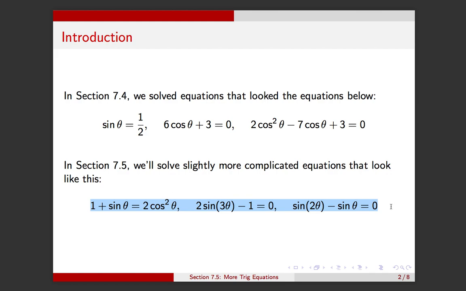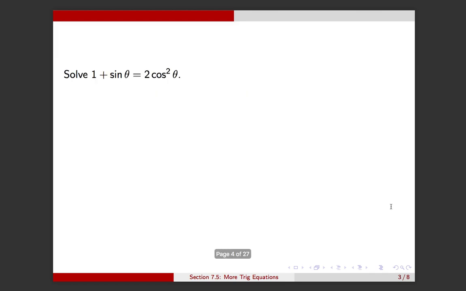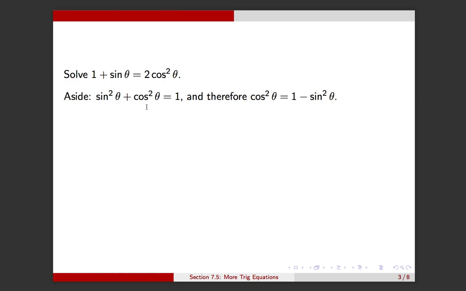So I will just show you how to solve all three of these. So let's start with this one. How do you solve something like this, where there's a mismatch of terms, a sine theta there, and a cos theta there? Well, just as an aside, recall that sine squared plus cosine squared is 1.